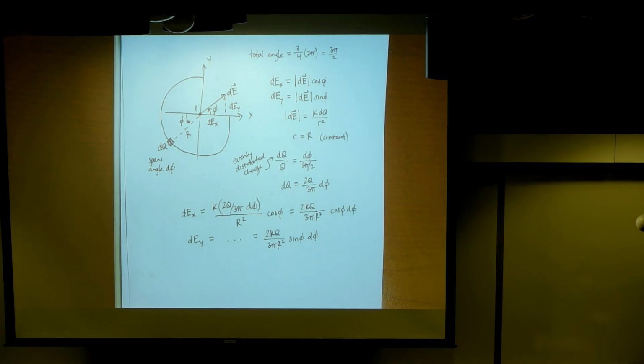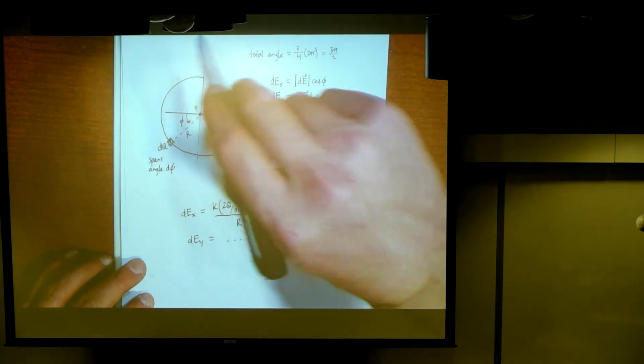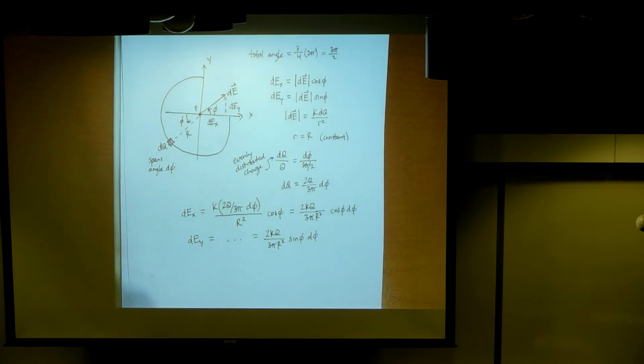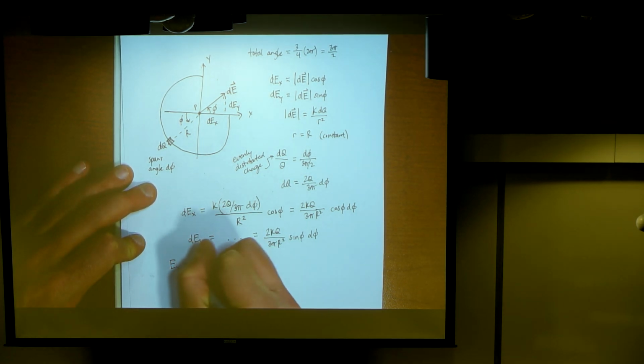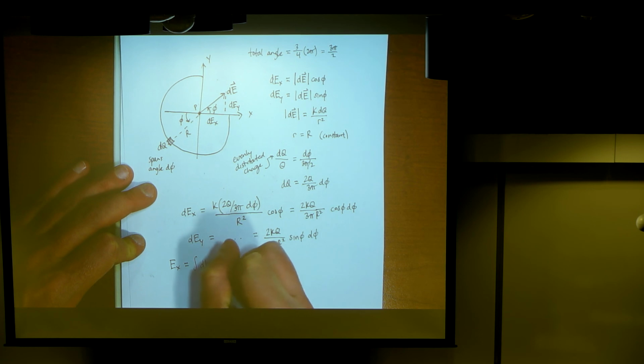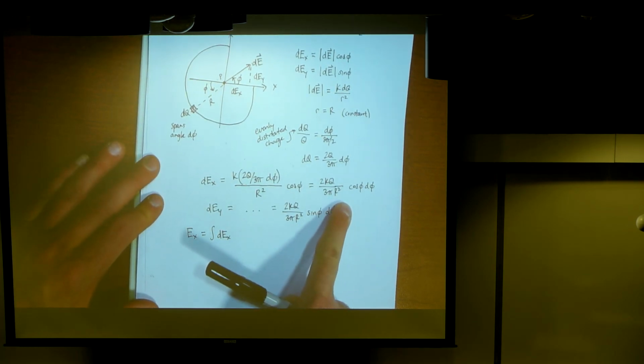So we're not done yet. We have to now integrate, right? Because we've only accounted for just one little infinitesimal element of charge. If we integrate over the entire ring, then we'll get the overall effect of all of those charges on the ring. So Ex is nothing more than the integral over dEx, which is this guy, right?